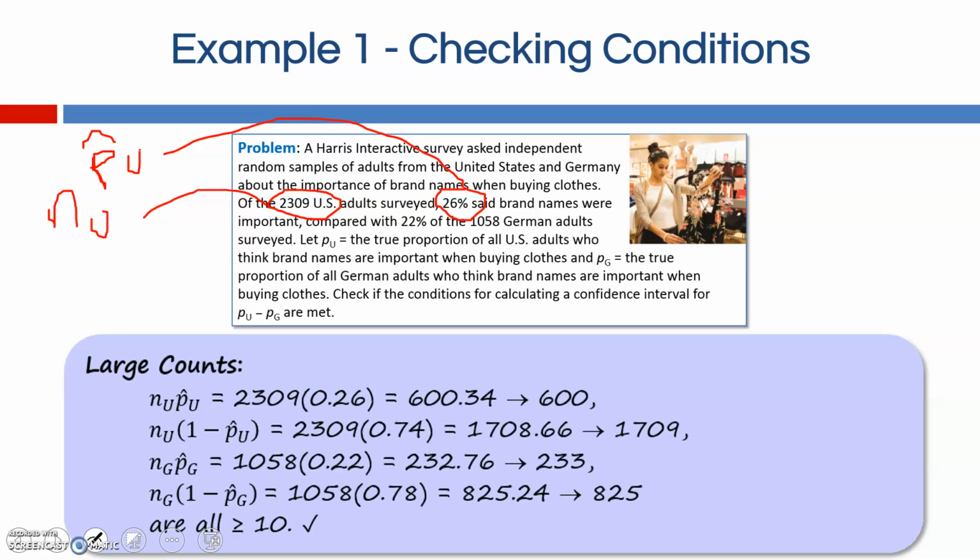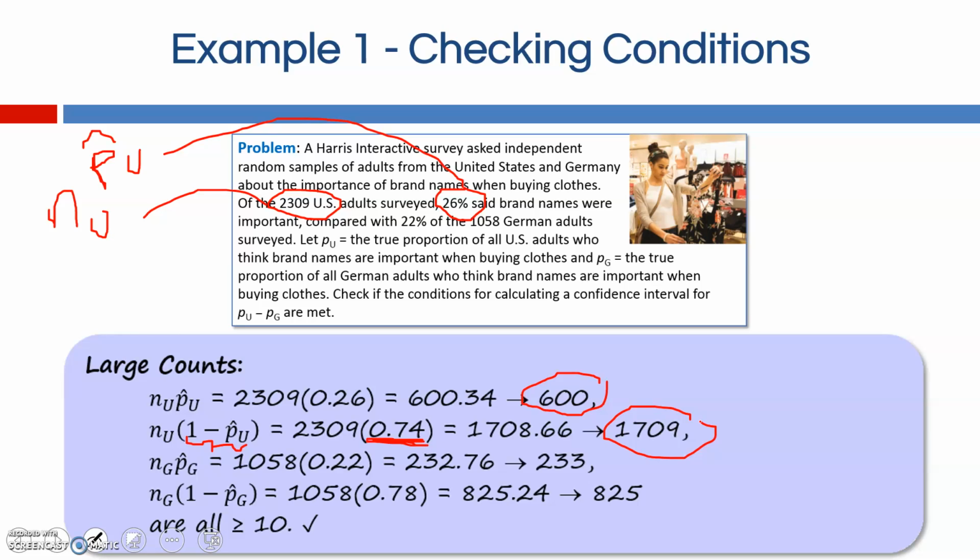So 2,309 times 0.26 is roughly about 600. Now, we have to multiply by 1 minus p sub u, so that gives us 0.74. 1 minus 0.26 is 0.74. And when we multiply those two numbers, we get about 1,709.